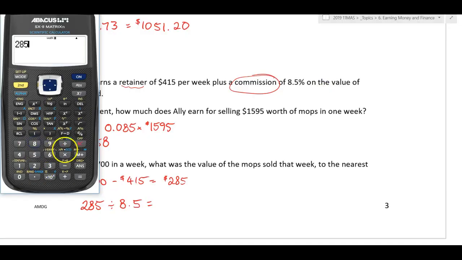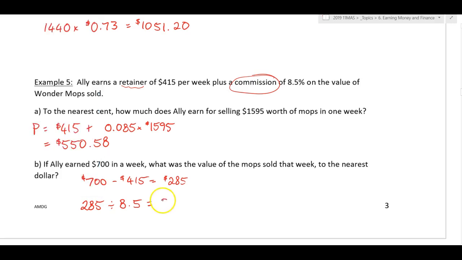So 285 divided by 8.5 equals 33 point something something. I'm just going to say 33.53 for the time being. I'm going to round it off to write it down, but leave that number on my calculator. So 8.5% of sales is $285.